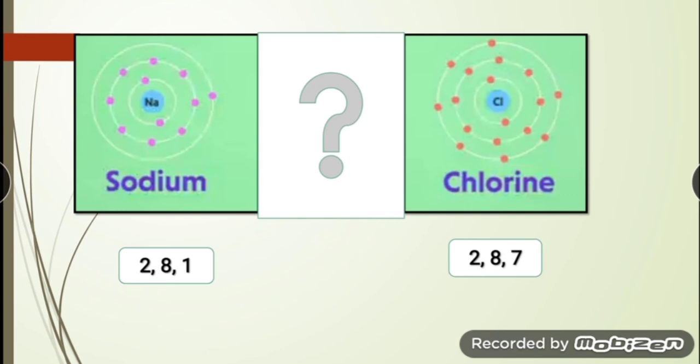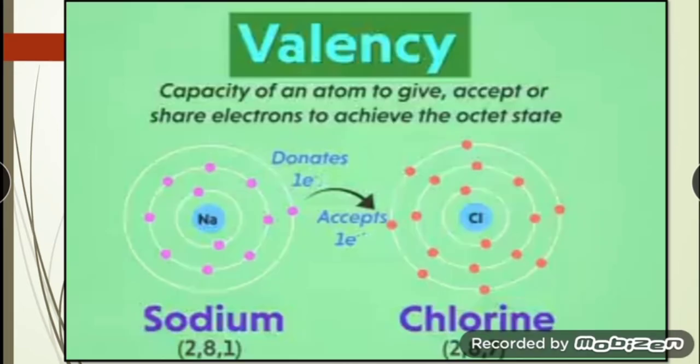Yes. Now in this, the sodium atom has 1 electron in the outermost shell, and the chlorine atom has 7 electrons in the outermost shell. So sodium will donate 1 electron and chlorine will accept 1 electron from the sodium.